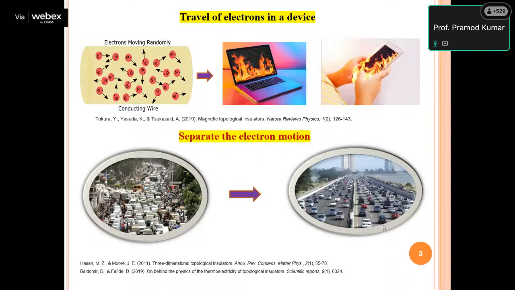We get exactly this similar property in two-dimensional materials, especially topological quantum materials. So you can understand the beauty: because there is no scattering and no loss, the lifetime of the device is increased. That's why these materials are very interesting from the point of view of future device applications.